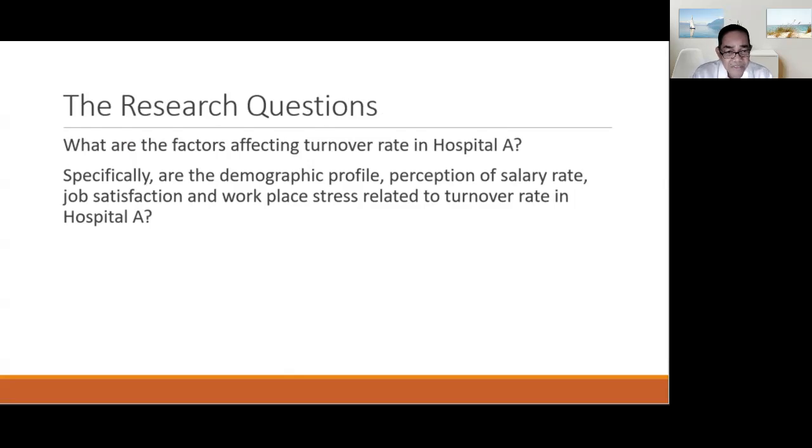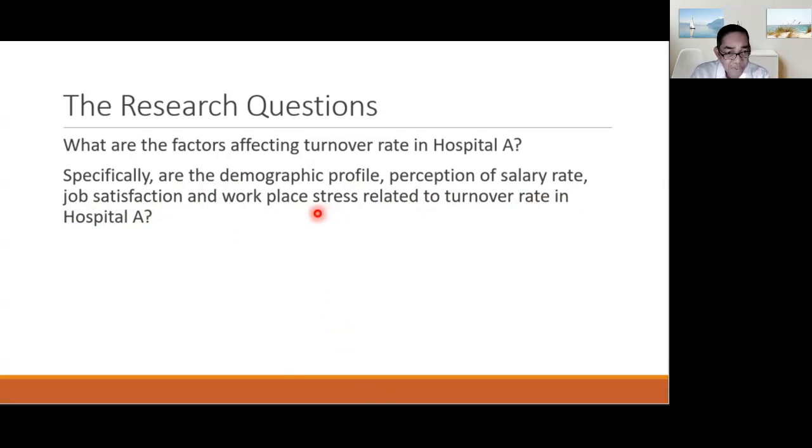So what are the factors affecting the turnover rate of Hospital A? Specifically, are demographic profile, perception of salary rate, job satisfaction, and workplace stress related to turnover rate in Hospital A?